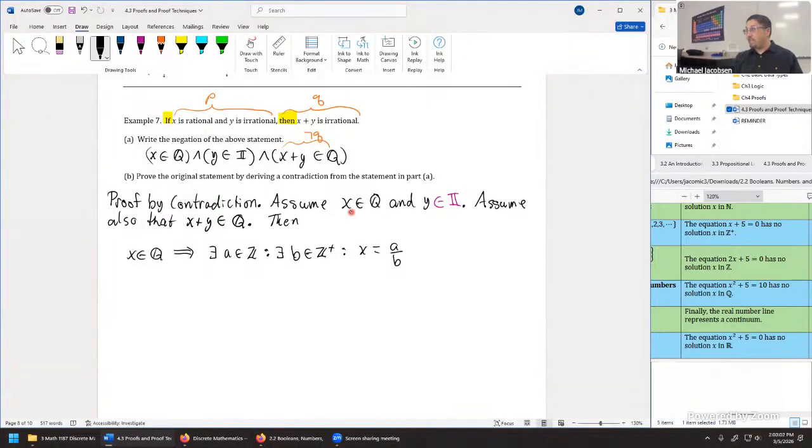So we've got one fraction down, and then we just do it again over here. That's the other one we can write as a fraction. x plus y is a rational number, implies, I'll go for c and d next. There exists c in Z. There exists an integer d, non-negative, so Z plus, such that x plus y itself is equal to c divided by d.